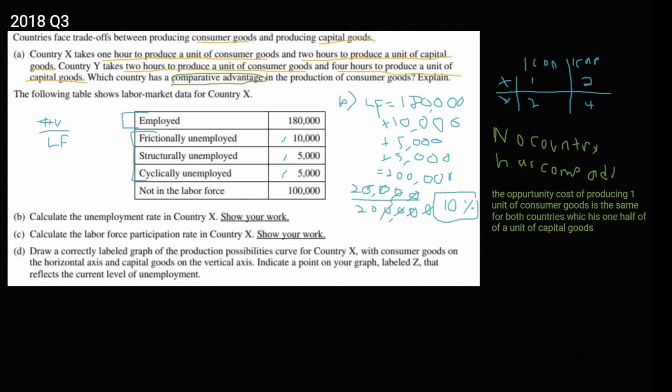Calculate the labor force participation rate in country X. All right. The labor force participation rate is the labor force over the total adult population. So we have the labor force 180,000. I'll write C down here. That is the people in the labor force divided by the total population. What is the total population?